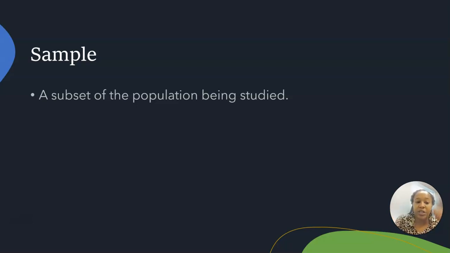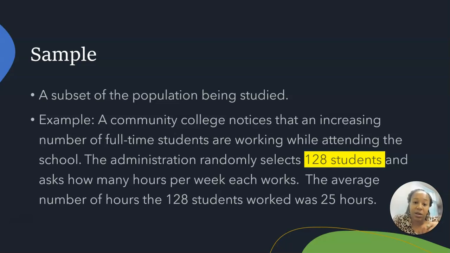In this particular example, at the community college where they polled 128 students to see how much time full-time students work per week, the 128 students that were polled is our sample. I don't know exactly how many full-time students there were at this school, but they only got information from 128 of them.